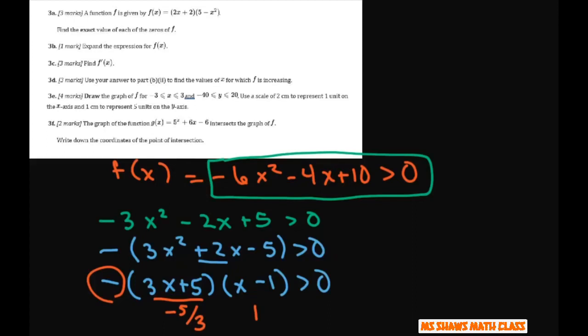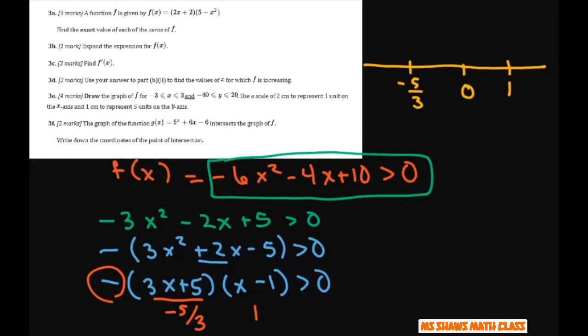So when I do a sign diagram, I'm going to write it out. I have -5/3, go ahead and put your 0 in, put the 1 in, and we're going to test this out.